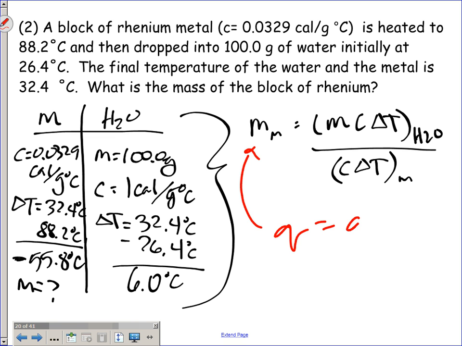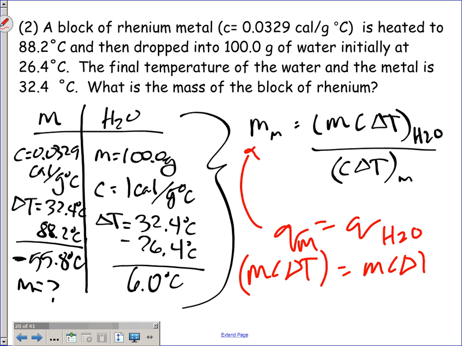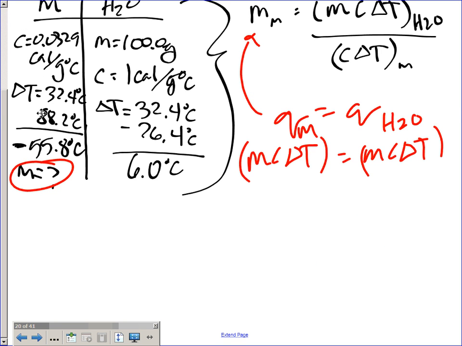He said Q is equal to Q for the metal versus water, because this is an internal energy exchange, or an energy transfer. And so MCΔT equals MCΔT, since we're basically substituting MCΔT for Q on both of these accounts. And then once you looked at your variables, you're looking for the M here. We basically isolated this M right here. It's by itself now.